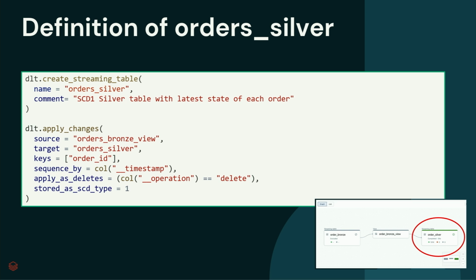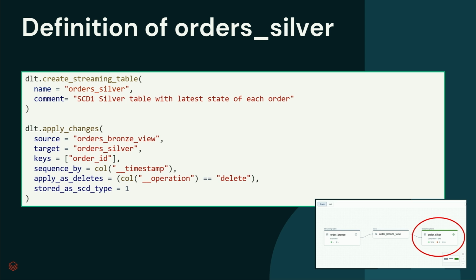If you just heard the other change data capture talk in room 2005, an hour ago, they talked about that it might feel simple to implement this with a merge statement, but there's a lot of details that you need to take care of. So it's very convenient to just be able to use apply changes and not have to worry about all these details. What does apply changes do?